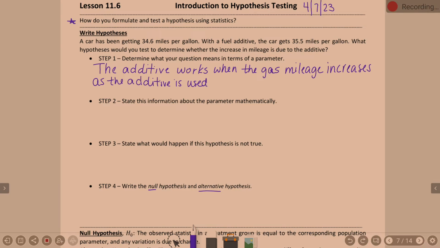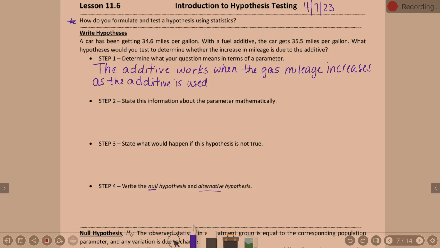I think I might just leave it at that. It's going to get too wordy and too confusing if I go farther.